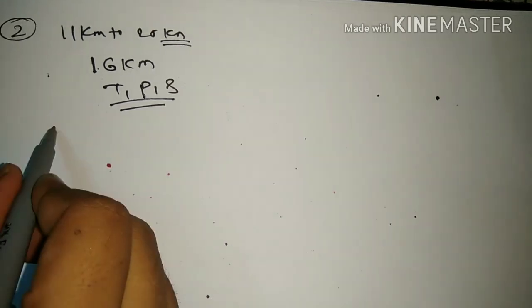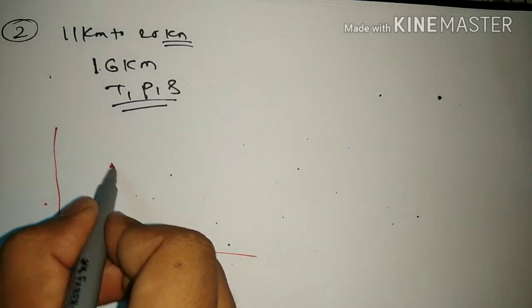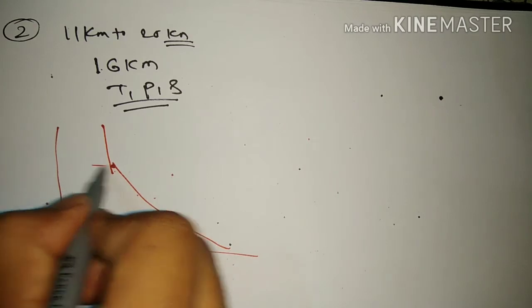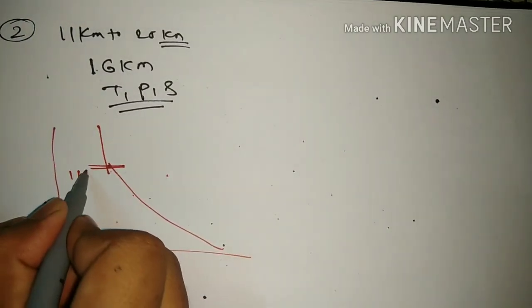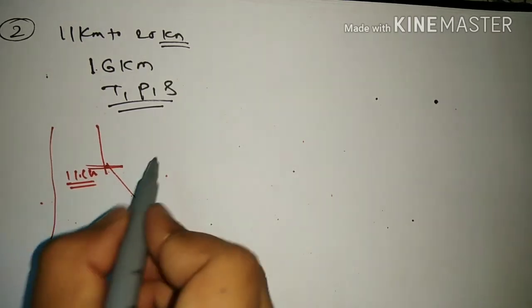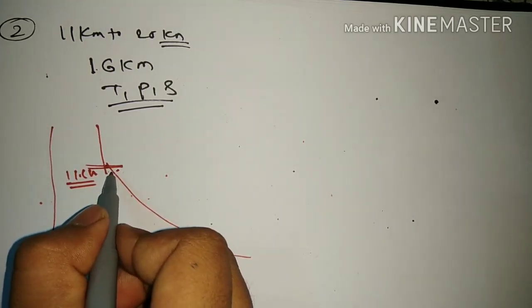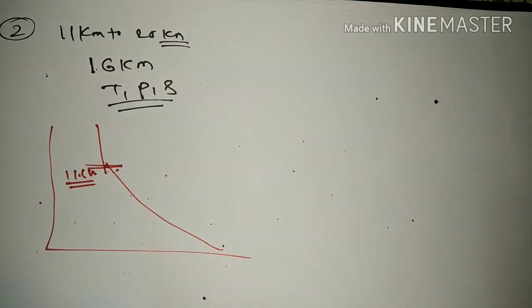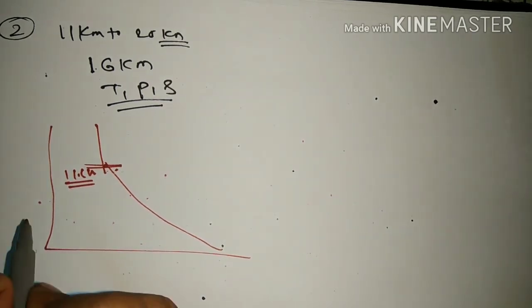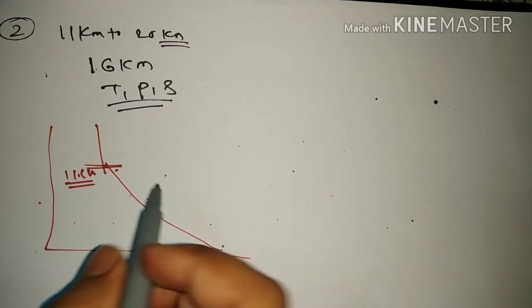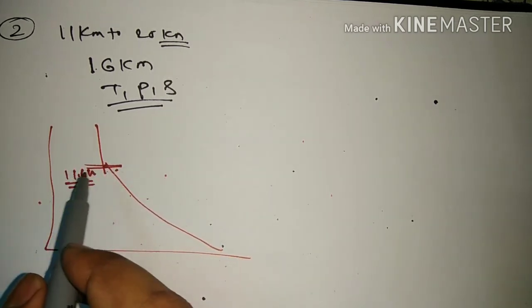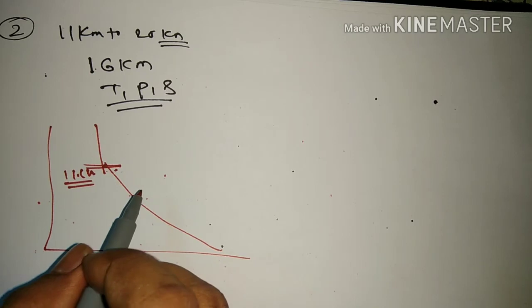Here is a little diagram showing the reference values. You have to take the reference values at 11 kilometer. At 11 kilometer you should know the values for density, pressure and everything. Sometimes in the exam they give the values at 11 kilometer. So now we know the 11 kilometer values.